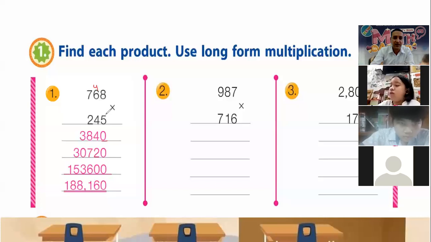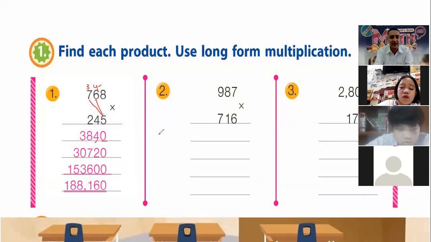Now again, 5, we multiply with the 6 tens, with the 60, right? So 5 multiplied by 6 becomes how much? It becomes 30, and here we have 4 carried over at the 10 place. So 30 plus 4 is equal to 34. Now 4 we write at the 10 place, and 3 we carry over to the 100 place. Now again, 5 we multiply with the 7.